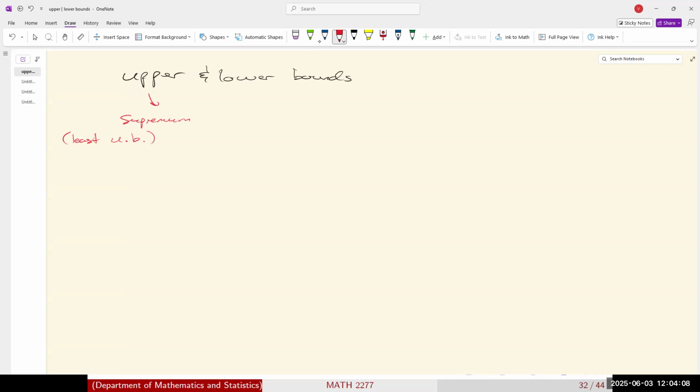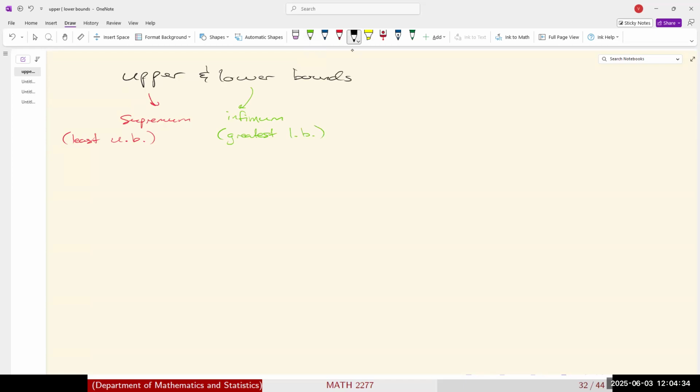And we're also interested in a very special type of lower bound, something called the infimum, or another name for it is the greatest of the lower bounds. For lower bounds, I'll put LB.